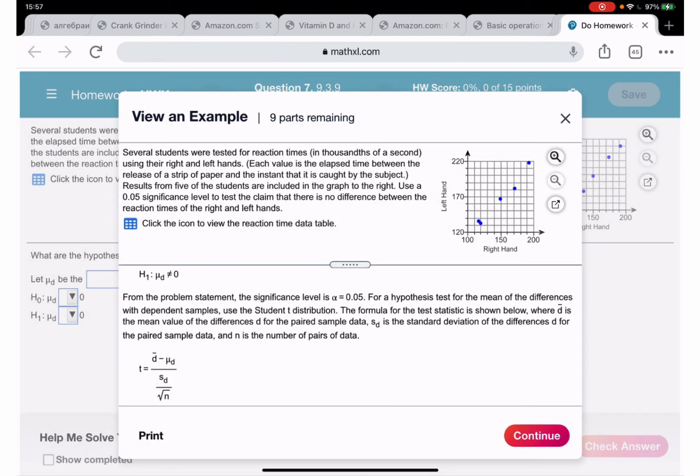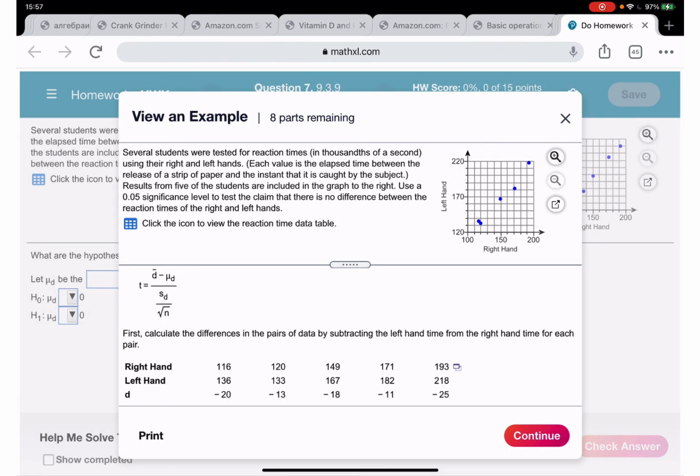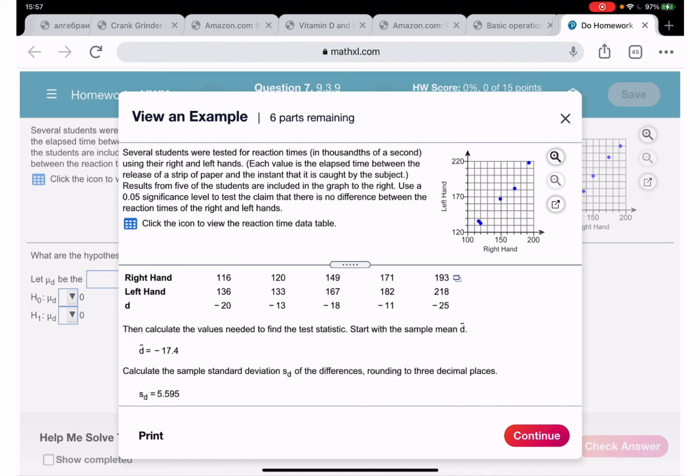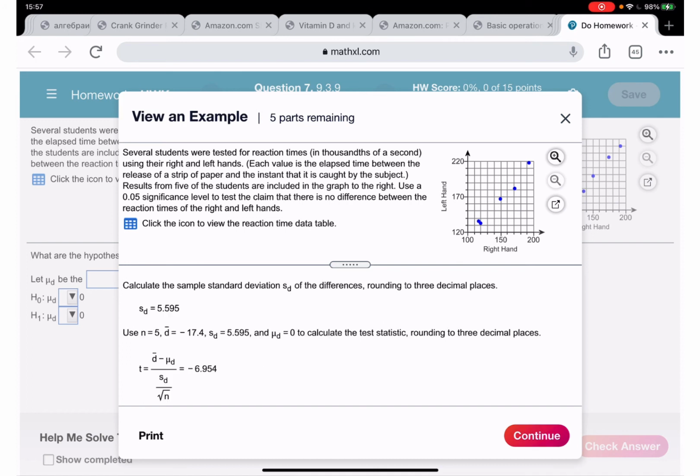Once we have it, I'm going to move to open StatCrunch. By the way, here it's asking to get d-bar, which is the sample mean, and also to find the standard deviation for the sample mean, which I placed in the Excel spreadsheet so you can see how to calculate it.